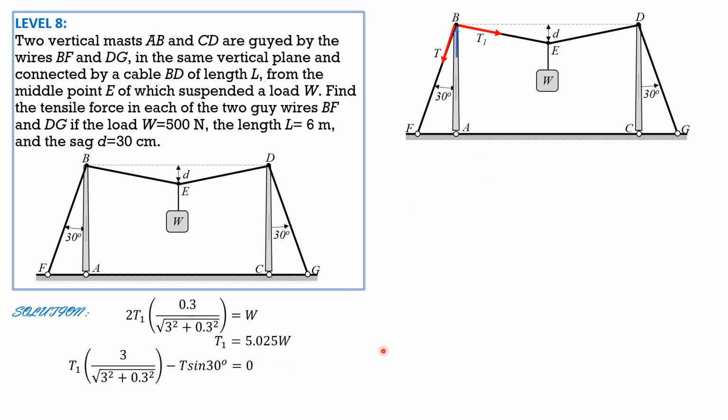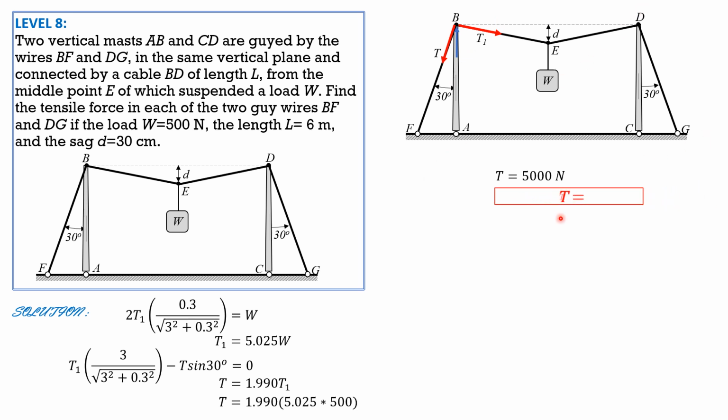Then T is equal to 1.990 of T1. Substitute the value of T1, which is this, and substitute the value of W, which is 500 newtons. So T is 1.990 of 5.025 times 500. So T equals 5,000 newtons. Therefore, tension in BF equals tension in DG equals 5,000 newtons.